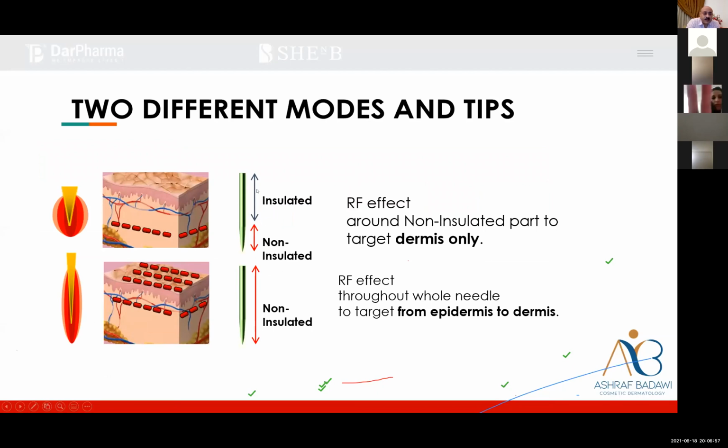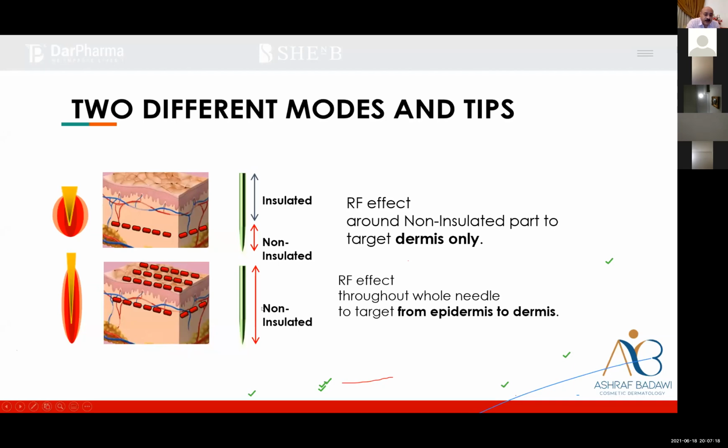Now, once again, when we are using the insulated needle, there is no effect at the epidermal level. The effect is mainly at the tip of the needle according to the depth of the needle we selected, the length. Then we are going to have the impact on the skin, and this is used mainly for lifting effect.